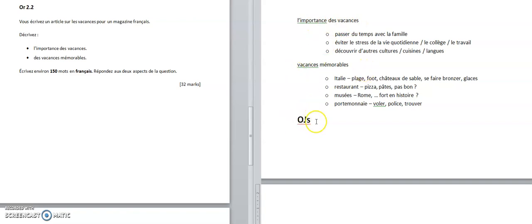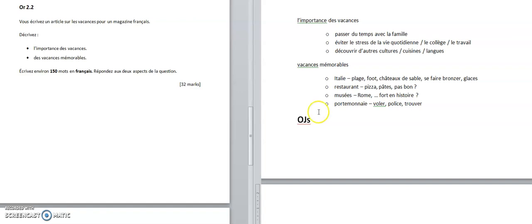I'm going to write OJ on my plan as well, just to remind myself, and I might tally them off as I write them, because it's easy to get into it and forget about the OJs, and then you can end up writing a really good piece of French that doesn't score particularly highly because it only gets 9 out of 15 for content because of the lack of OJs. Make sure those OJs are clear as well. Don't take any risks with language you're not too sure about.